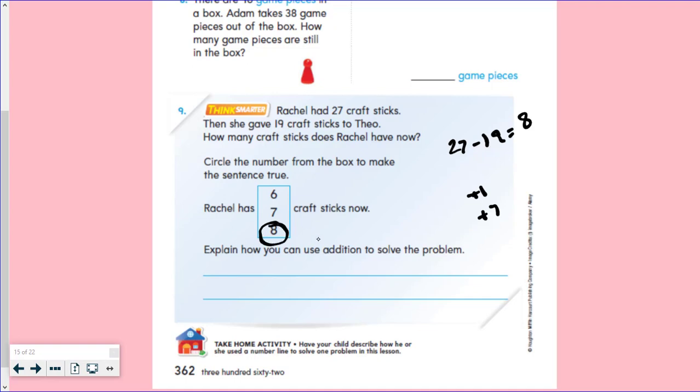Okay, so explain how you can use addition to solve the problem. So I added 1 to 19. Then I added 7 more.